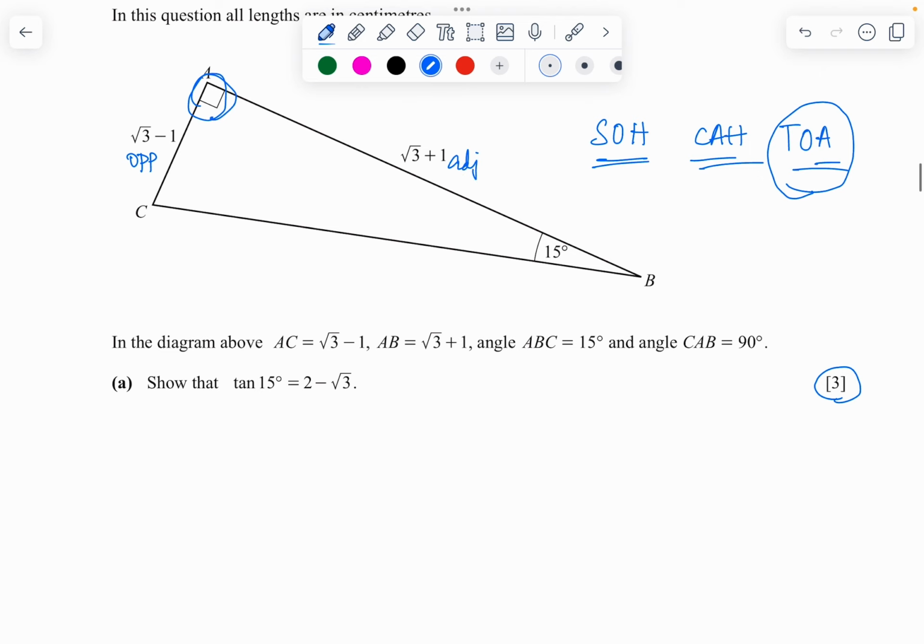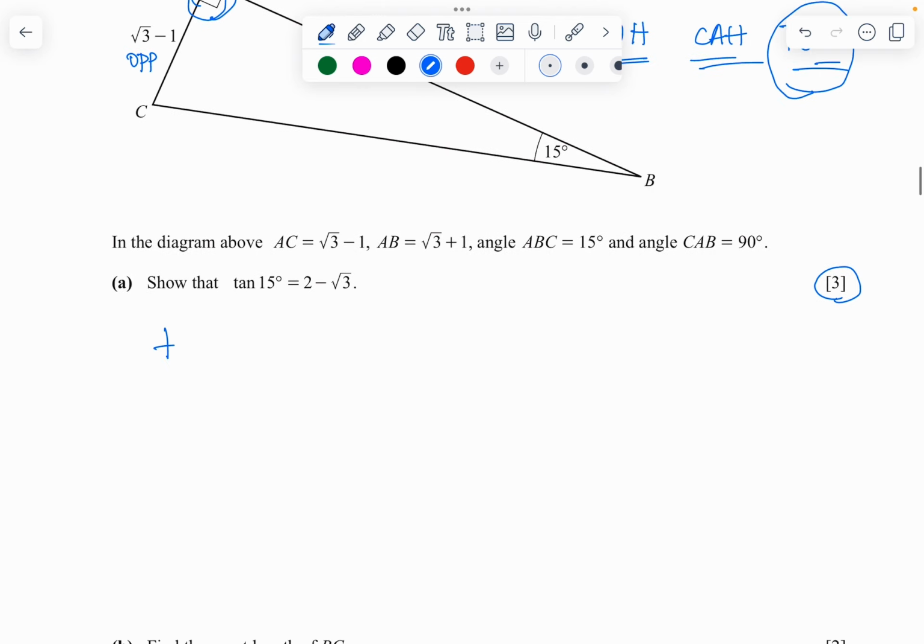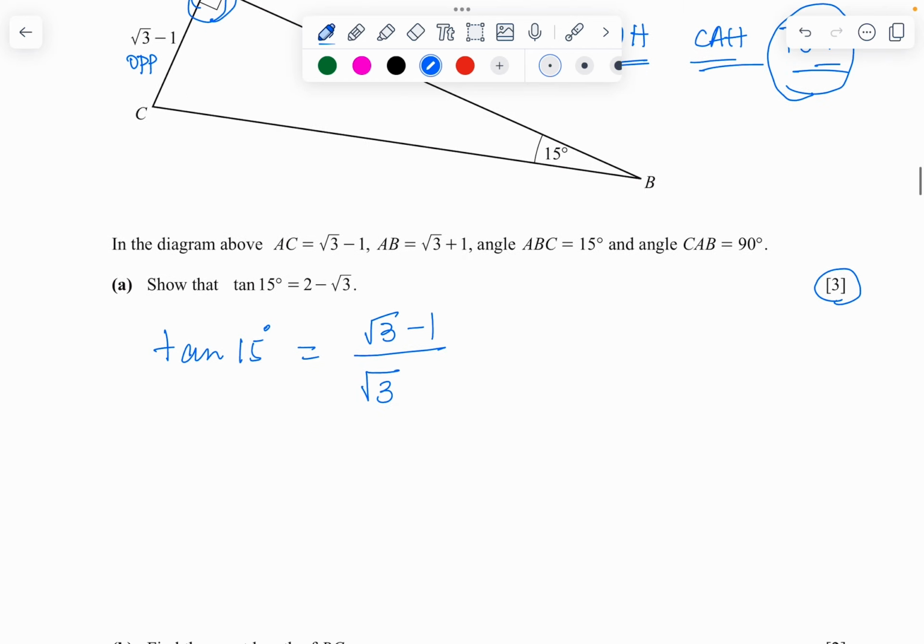So tan 15 is equal to TOA, opposite over hypotenuse, sorry, opposite over adjacent. And you can see that the answer is already in a rationalized form, so we need to rationalize this.